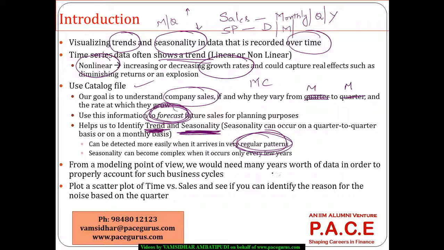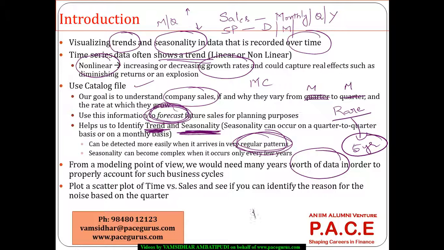So from the modeling standpoint, we need more and more years of the data, especially if the patterns are not that evident. If I have to establish appropriate relationships, sometimes some events are very rare, though they are seasonal, probably they occur only once in 5 years.